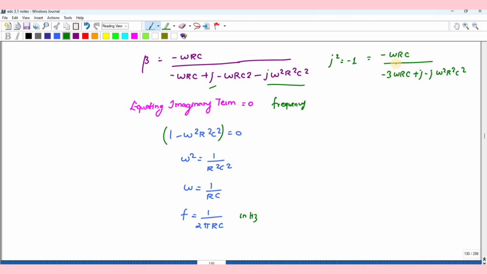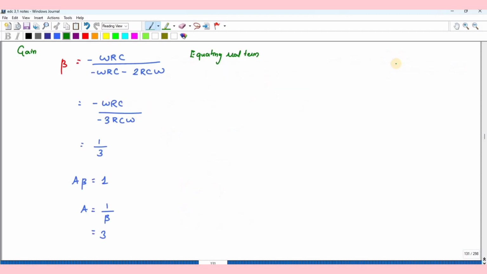So omega RC gets cancelled out, and we get beta is equal to 1 by 3. We know that modulus of A beta is equal to 1, so A is equal to 1 by beta. Substituting 1 by 3 instead of beta, you will get A equal to 3. So the gain of the Wein bridge oscillator using the BJT amplifier should be at least equal to 3 for the oscillation to occur.